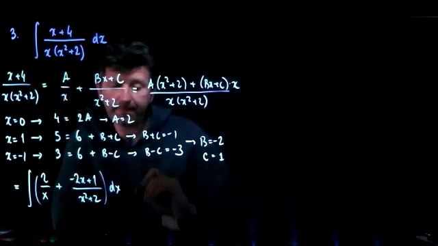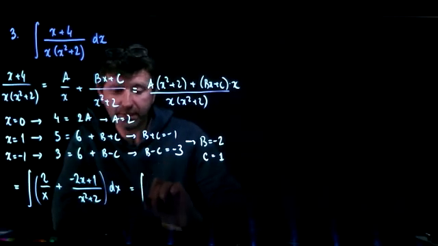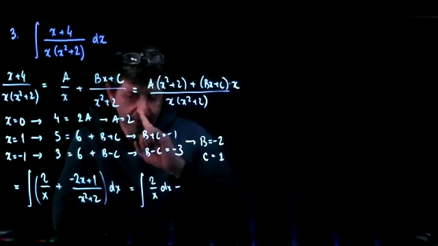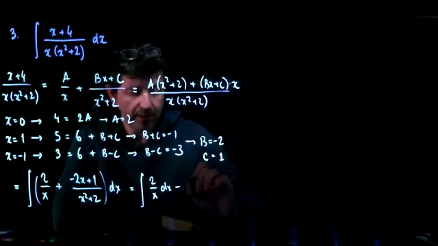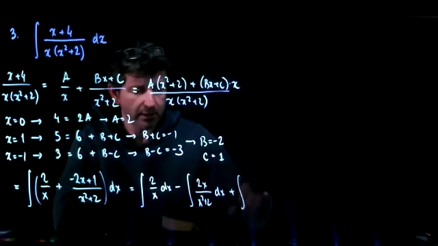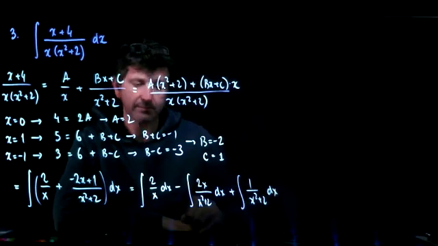That equals the integral of 2 over x dx, minus the integral of 2x over (x² plus 2) dx, plus the integral of 1 over (x² plus 2) dx.